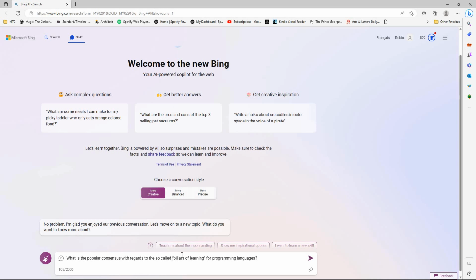It's sometimes interesting to use terms that might mean something or could be abstracted by humans, but are a little bit unusual. Do we talk about pillars of learning for programming languages? Probably not, but most people will understand what that means. So let's see how it deals with this.